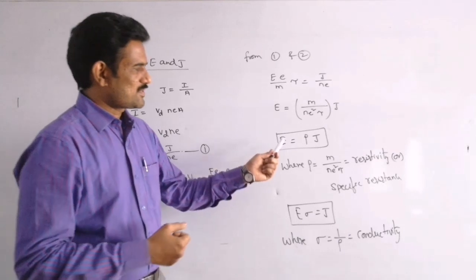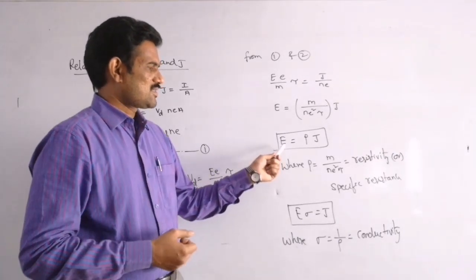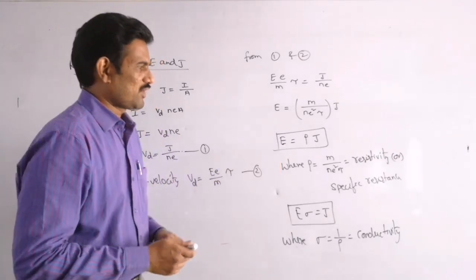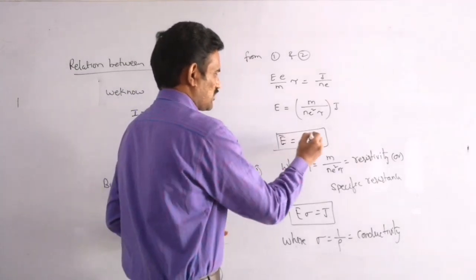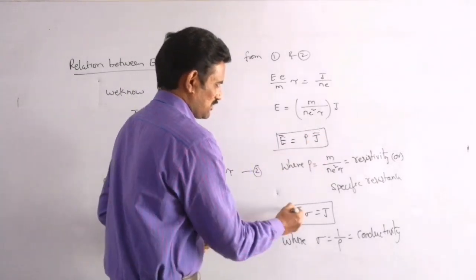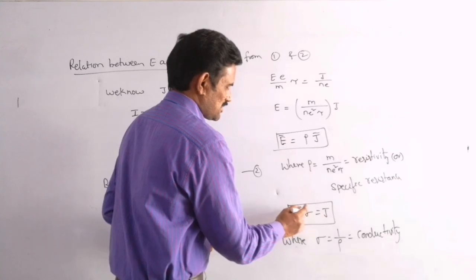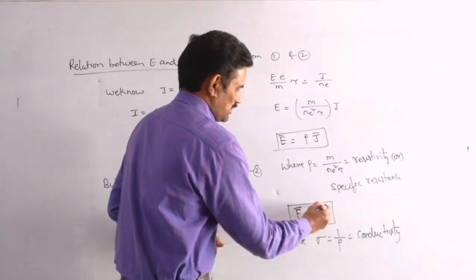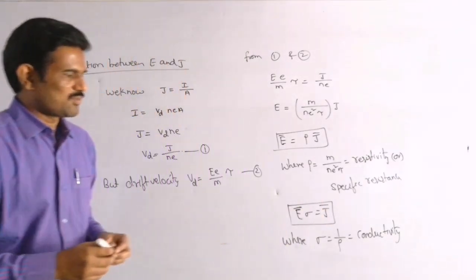Either we can express it like this, E is equal to rho J, the electric field, and in vector form, because these two are vectors, E bar into sigma is equal to J bar.